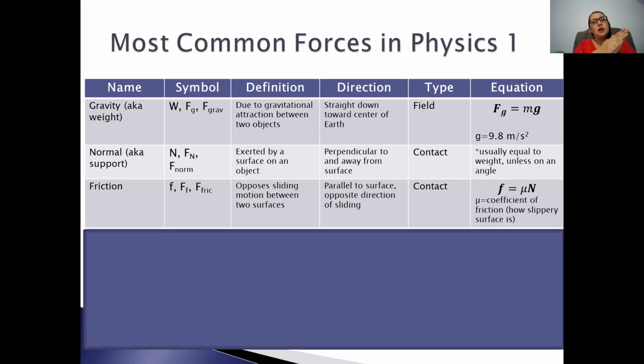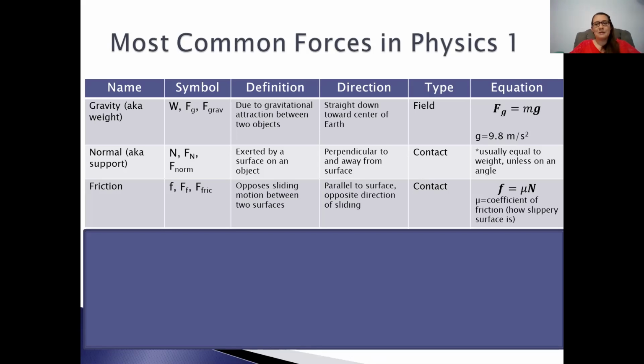So the direction of friction is parallel to the surface, but opposite the direction that it's sliding because it opposes the motion. So if your object is sliding to the left, then friction will point to the right. If your object is sliding to the right, then friction will point to the left. Okay, this is a contact force because objects need to be touching each other in order to slide against each other. And I think this is the most fun equation in all of physics.